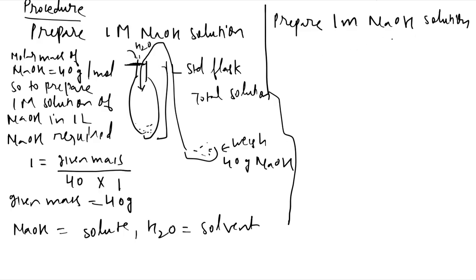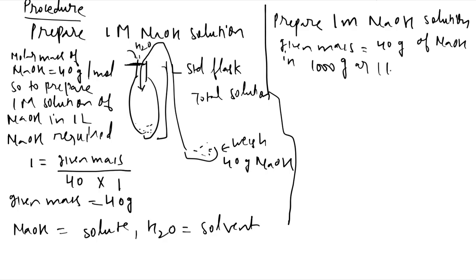Now to prepare the 1 molal solution, again if you do the calculation it comes out to be the same, that is, the given mass would remain the same. Let's say we are adding 40 grams of NaOH in 1000 grams or 1 kg of water.